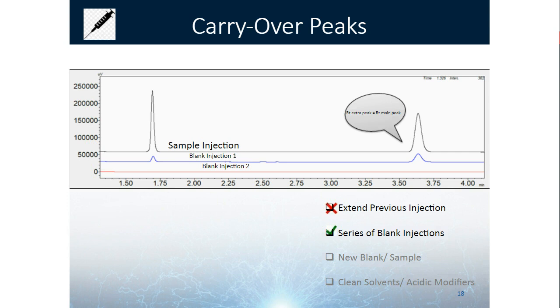And you can see here that after 2 blank injections, we get the artifact peak out. So in this case, you may need to do some needle rinsing, both the external and internal of the needle. You may even need to clean out your sample loop. You take them out and hook up a syringe to it just to flush it out and get rid of any samples that are sticking around.